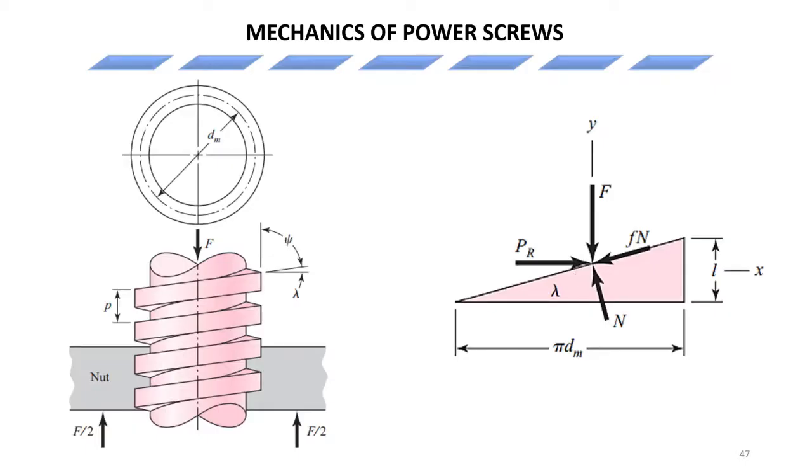Then we also have the length of the circumference of the screw, to be pi dm.